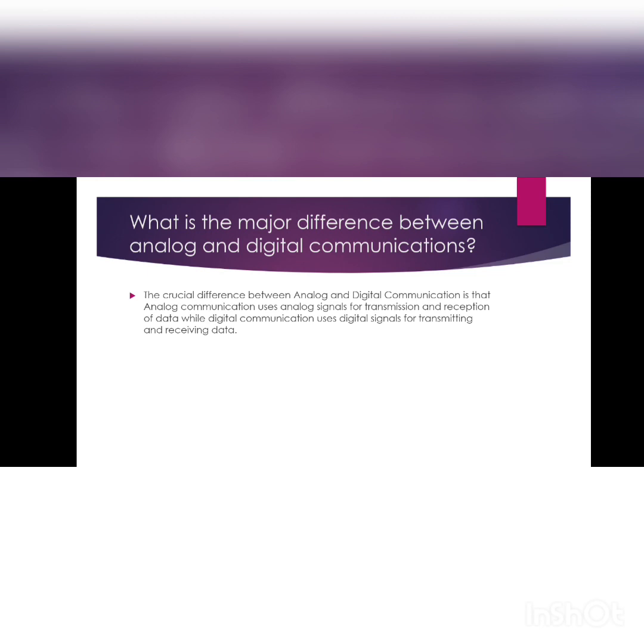The crucial difference is that analog communication uses analog signals to transmit and receive data, while digital communication uses digital signals for transmitting and receiving the data.